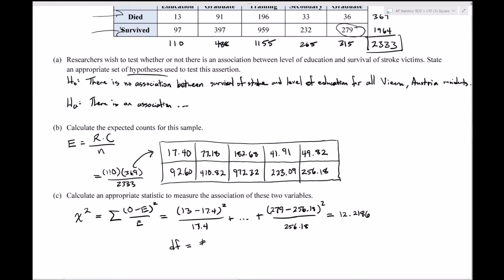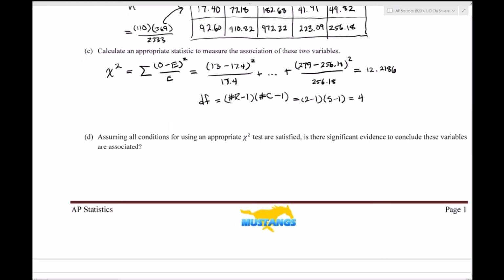Number of rows minus 1, number of columns minus 1. You multiply both of those. So in this case, there are 2 rows, so it's 2 minus 1. There are 5 columns, 5 minus 1. So that ends up being 1 times 4, 4. That's easy to verify.